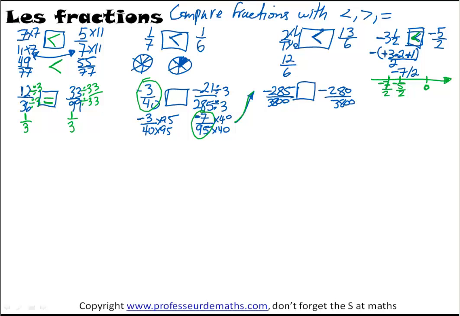This was not a problem, it was only the result of this multiplication, and we see that it gives us minus 285 over 3,800, and the other one is minus 280 over 3,800.